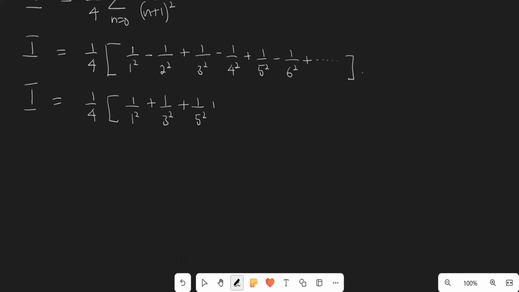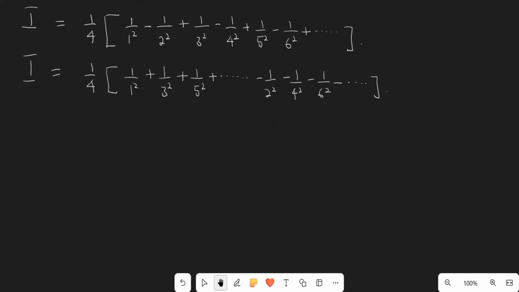And then this continues until infinity. Then you also have the even terms. The even denominators, that's 2 squared, 4 squared, and 6 squared. But all these ones are negative. So you have -1 all over 2 squared, minus 1 all over 4 squared, minus 1 all over 6 squared, like this. And this one continues until infinity.